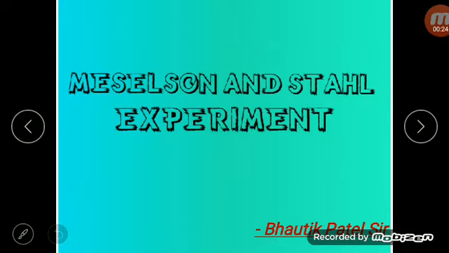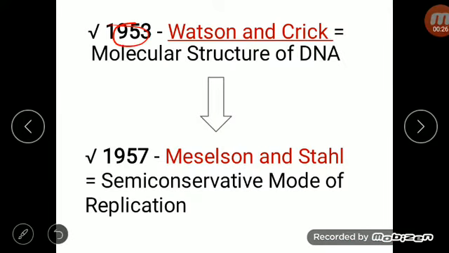Meselson and Stahl experiment. First of all, in 1953, Watson and Crick gave a molecular structure of DNA. But it did not say how DNA replicates: by semi-conservative mode, conservative mode, or dispersive mode. Then in 1957, Meselson and Stahl conducted an experiment and proved that the semi-conservative mode of DNA replication plays the important role in DNA replication.